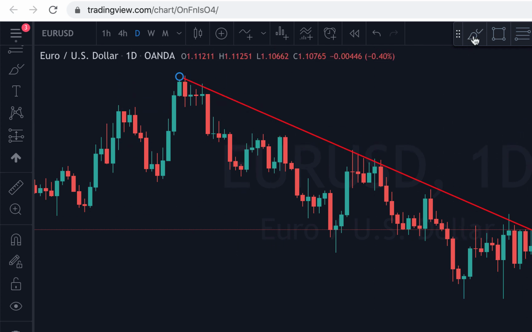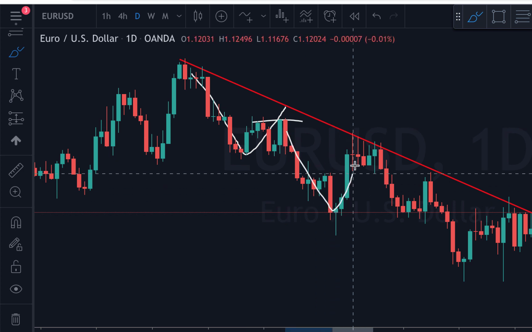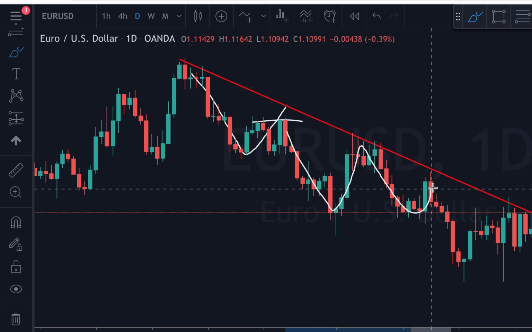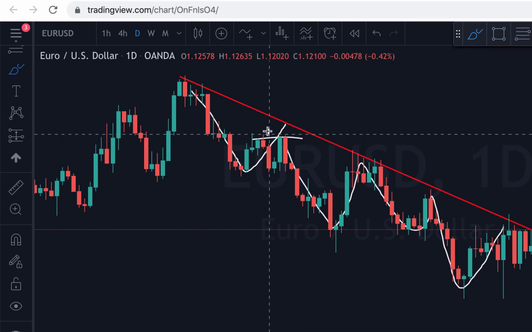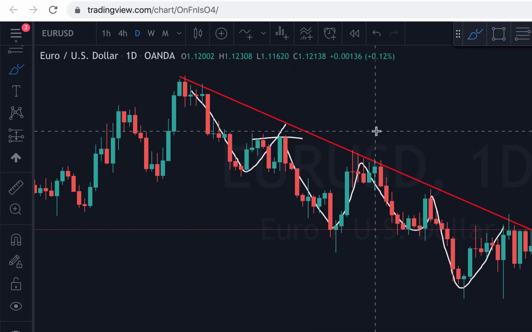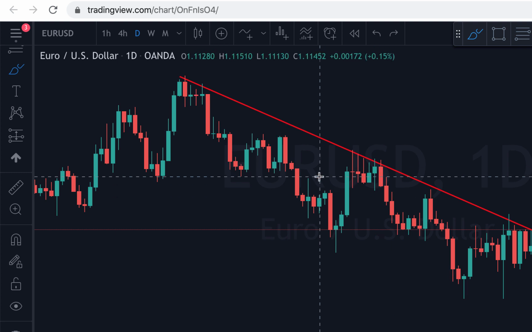As you can see, when the market did this impulse, the retracement didn't reach all the way to that line, the market reversed early. But here it does, and here it does as well, almost, and here it does too. But here the market didn't, and that is fine because that's how the market is. The market will not follow a particular rule or law.